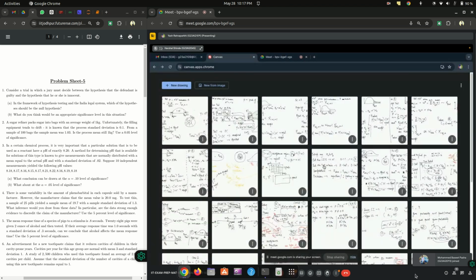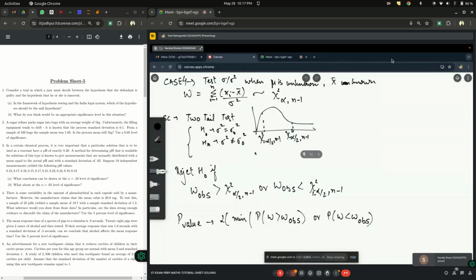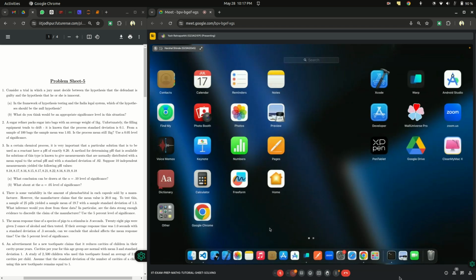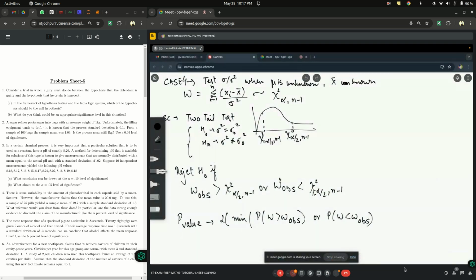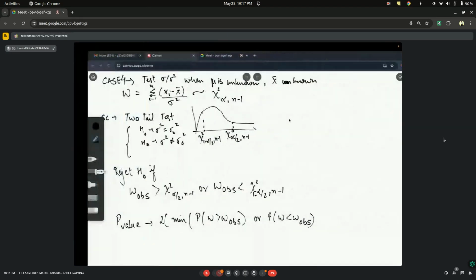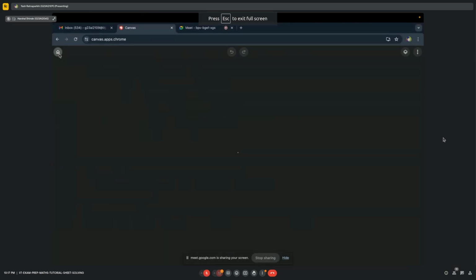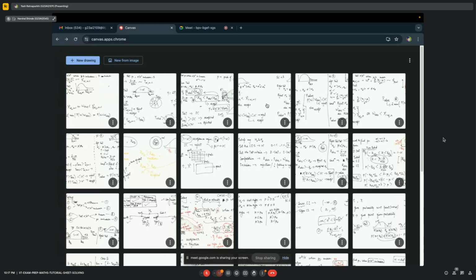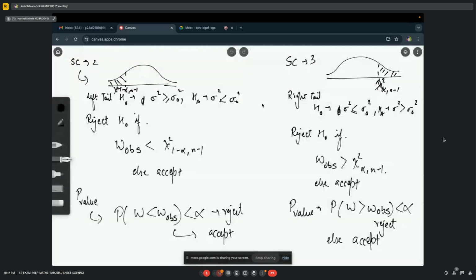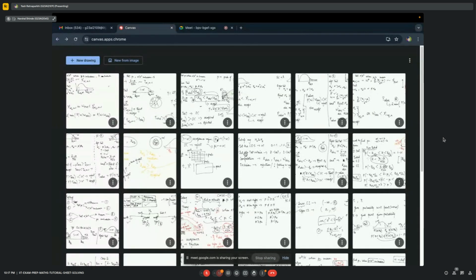It should not be alpha in a two-tail test.